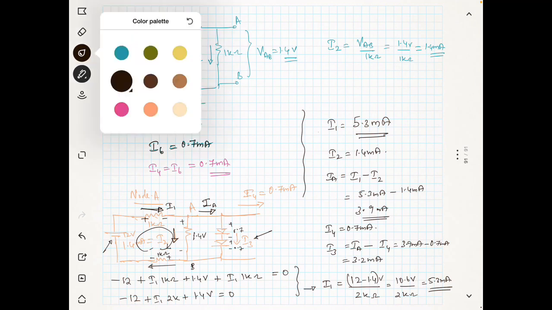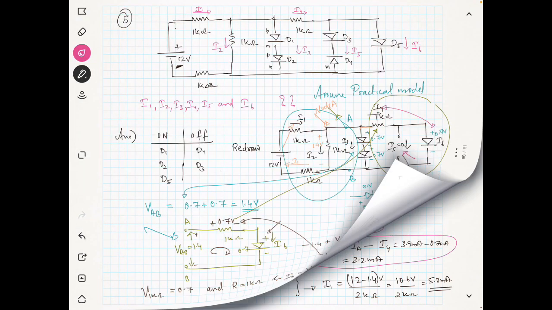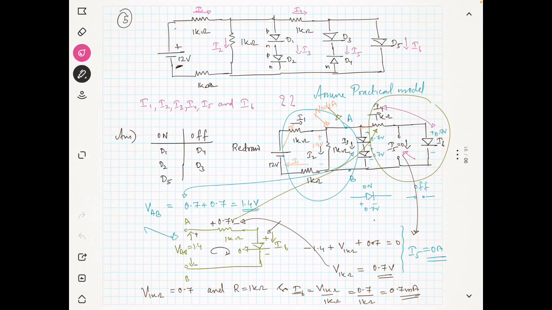So you got all the answers. I will mark all the answers. This is I1, this is I2, this part is showing I3, and this is showing I4. From the previous page we have I5 and I6. So we got all the currents.